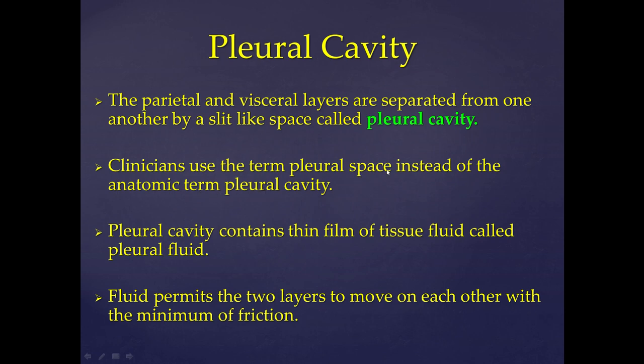It contains a thin film of tissue fluid, known as the pleural fluid. This fluid permits the two layers to move on each other with the minimum of friction. So it is non-adhesive. It provides a slippery surface.